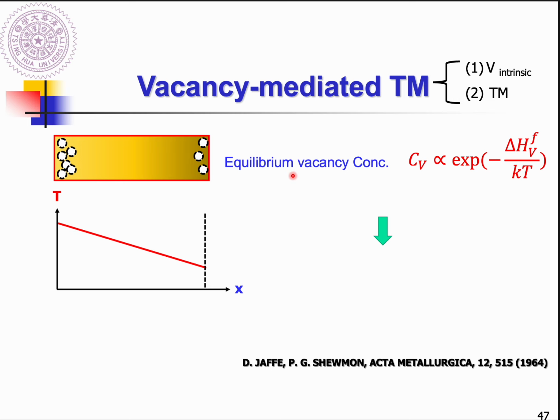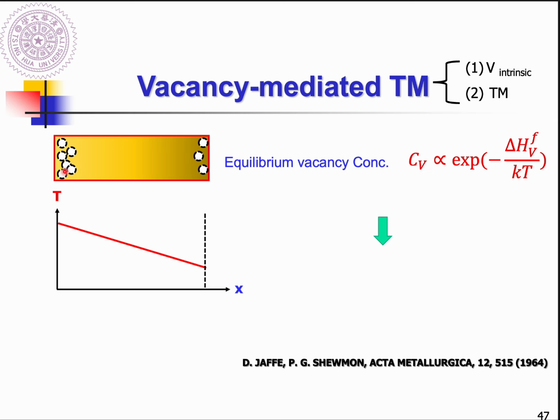As you know, the equilibrium vacancy concentration is proportional to exponential minus vacancy formation energy divided by kT. The vacancy formation energy will have different values depending on different material systems, but the order should be like 1 or 2 eV.